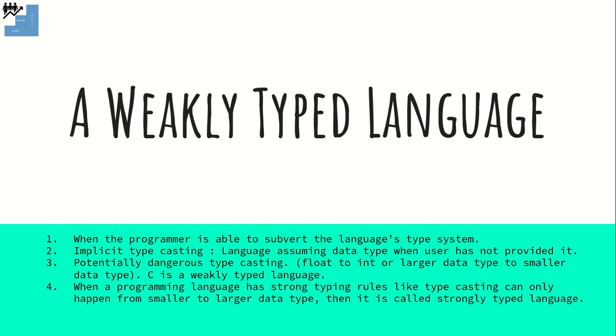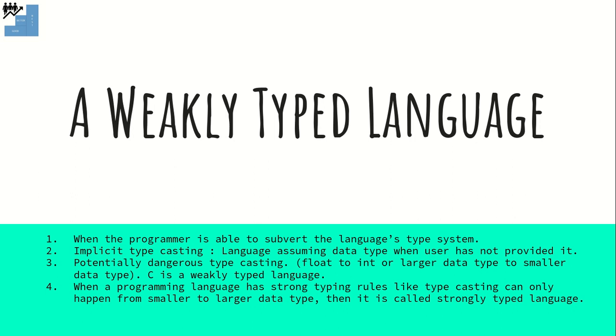Why is it like that? Because it allows some typecasting which could be potentially dangerous, in the sense that it could result in loss of data. For example, if 32-bit data is typecasted to 16-bit data, then there could be loss of information. When float is typecasted to integer, then there is loss of precision.